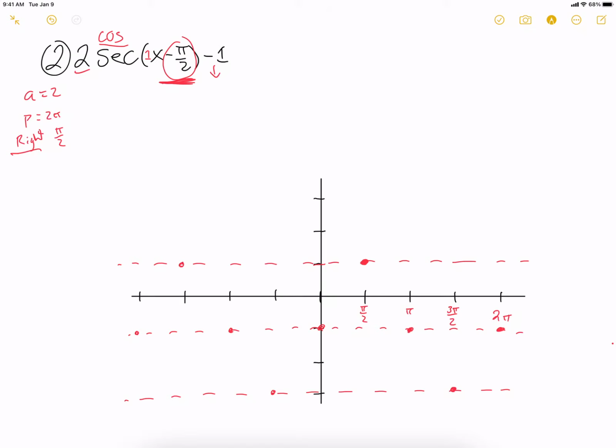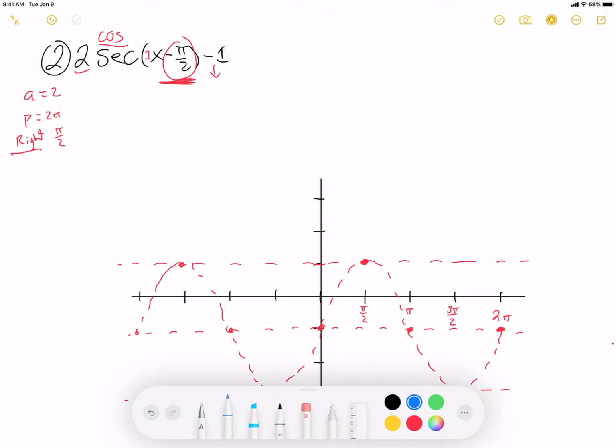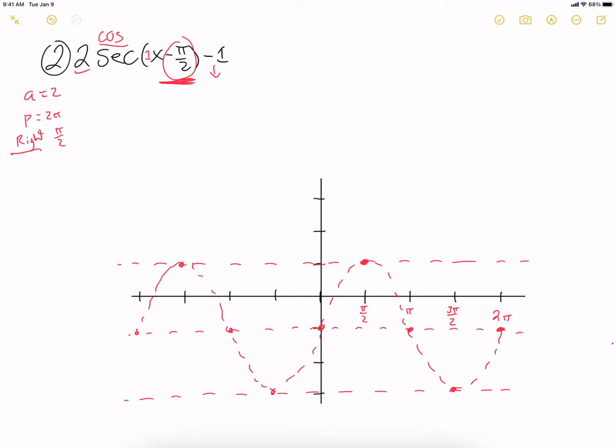Now, this is the cosine function, and we are more worried about the secant function. So for the secant function, let's find everywhere that this crosses a midline, and we're going to draw a vertical asymptote at the point where the graph crosses the midline. So in this case, it's the y-axis.